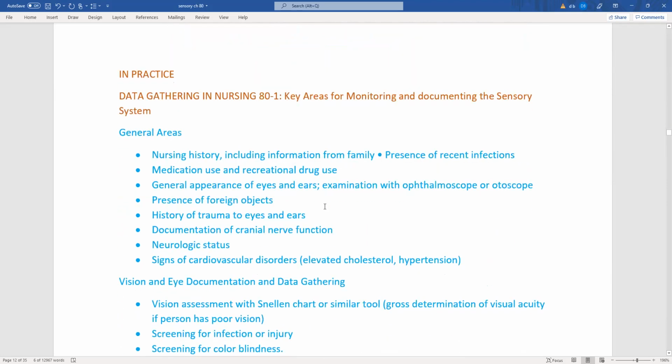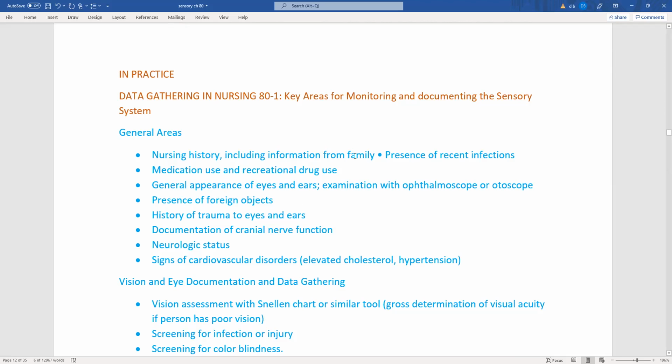All right. So, in practice, data gathering, this is our data gathering in nursing. These are the key areas for monitoring and documenting the sensory system. Now, with general areas: nursing history, including information from family, presence of recent infections, medication use, and recreational drug use, general appearance of eyes and ears, examination with ophthalmoscope or otoscope, presence of foreign objects, history of trauma to eyes and ears, documentation of cranial nerve function, neurologic status, signs of cardiovascular disorders like elevated cholesterol or hypertension.